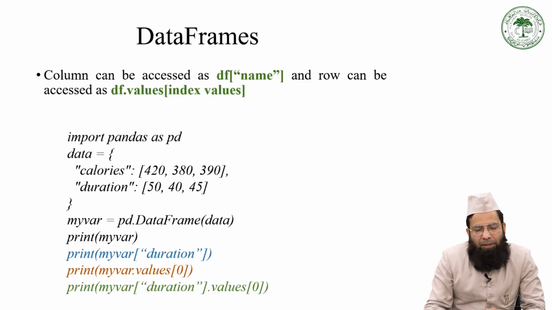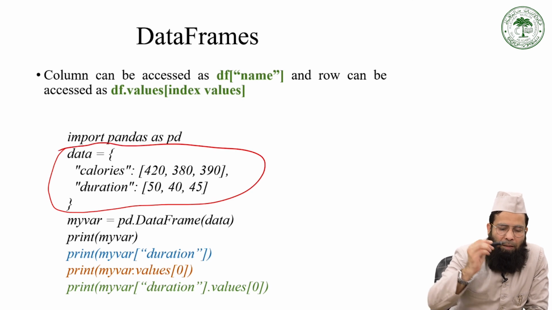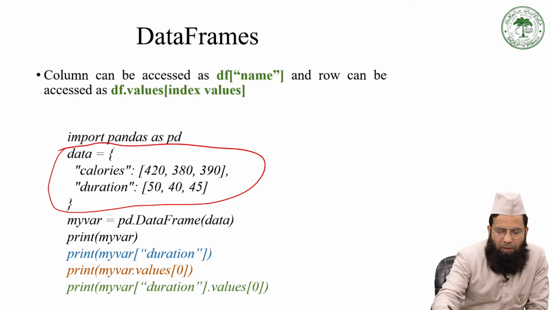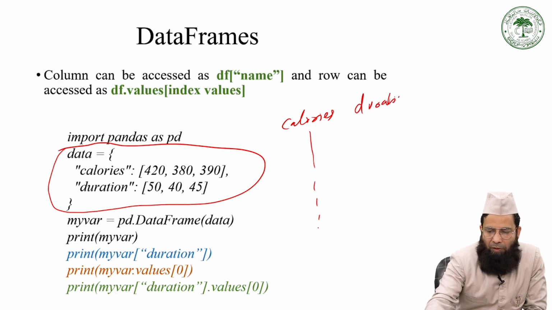So how to create a data frame and how to access the data frame? Let's say you have this data. This is multi-dimensional data, since it has two column names, one is calories, which has this data, and the other is duration.